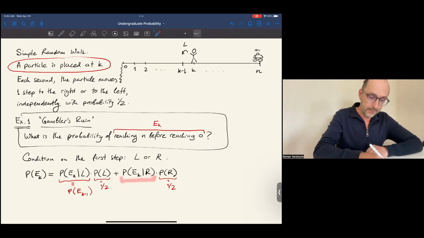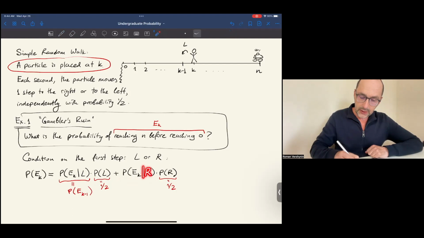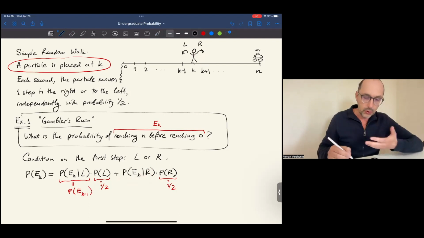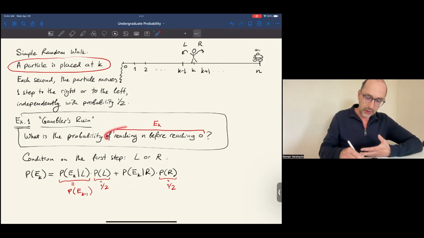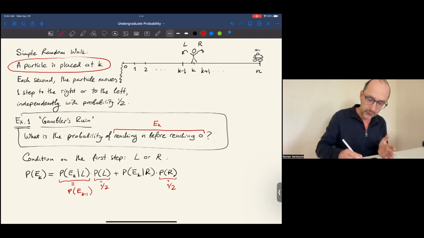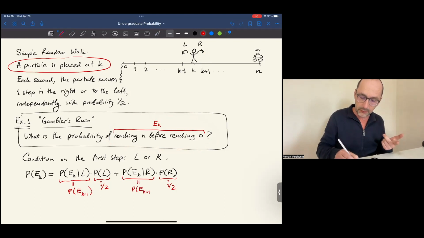Similarly, what's this? Here we assume that the first step is to the right. After making that step, the walker is now at position k plus 1. The goal is the same, reaching n before reaching 0, but now from the position k plus 1. So this probability is P of E_{k+1}, with the new starting position, k plus 1.